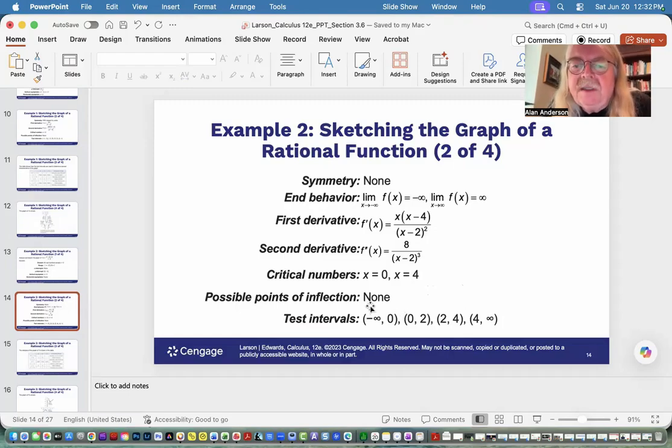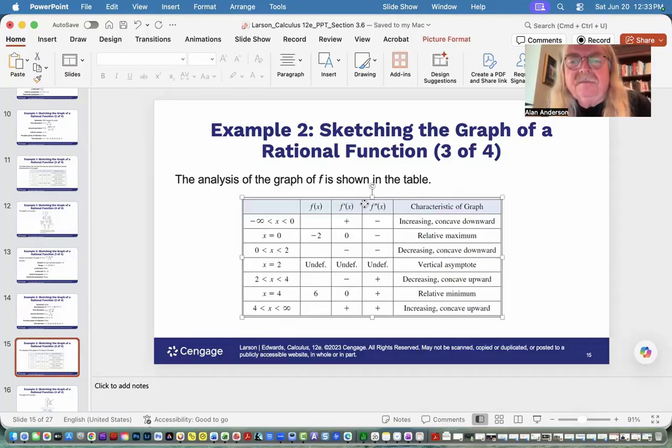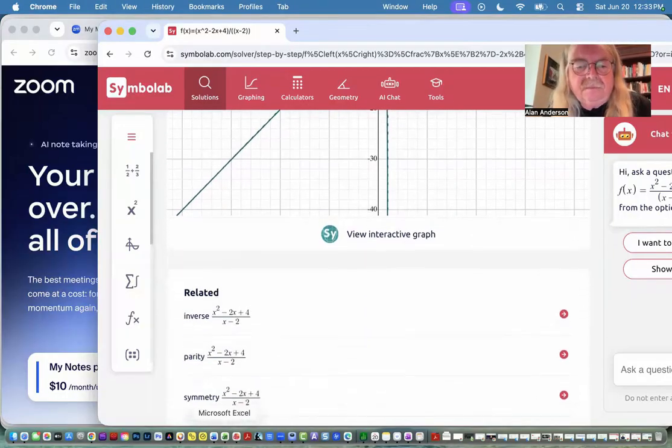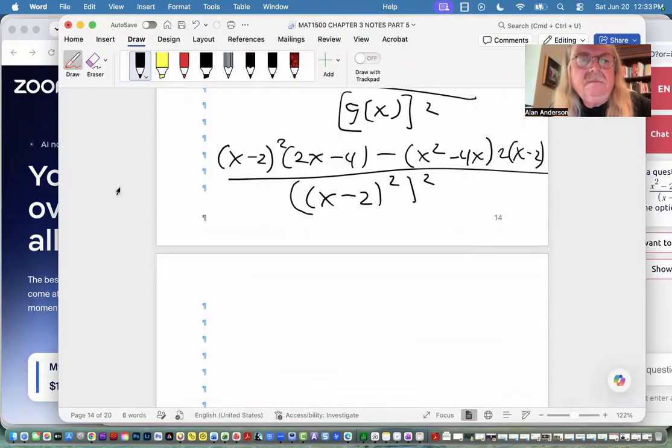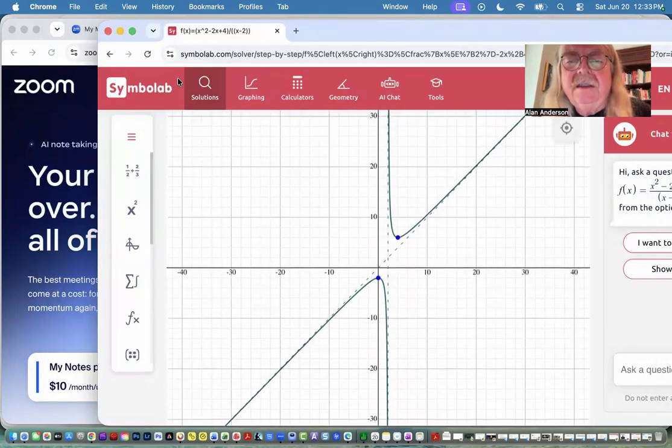They've got the critical numbers and the vertical asymptote, which is 2, and then they would have tested the sign of the second derivative in each of these intervals. And this is the result. Okay. So let's just copy this, and let's grab the picture of the graph too while we're at it.